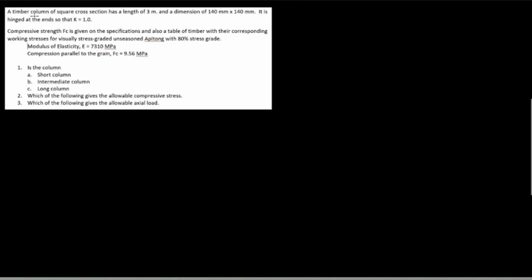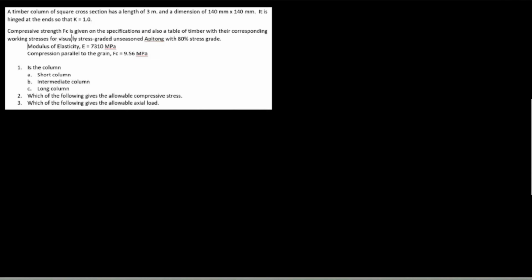Example: a timber column of square cross-section has a length of 3 meters and a dimension of 140 mm by 140 mm. It is hinged at the ends so that K is equal to 0.